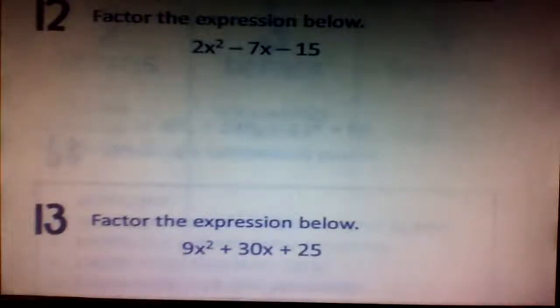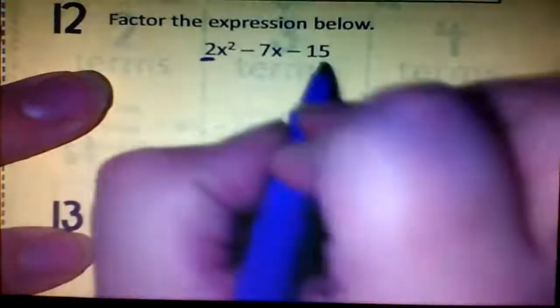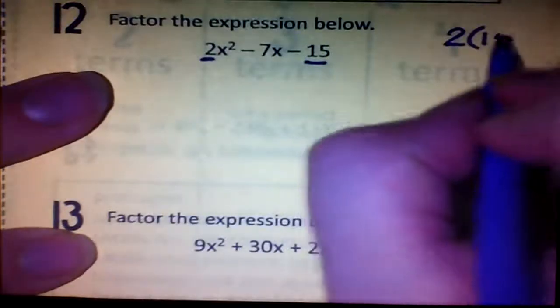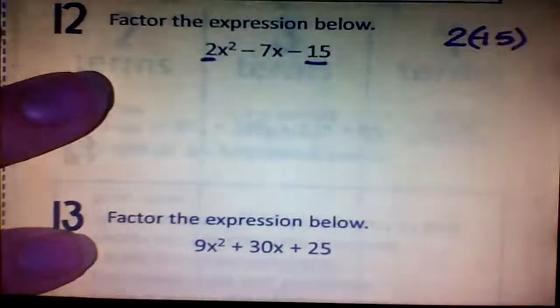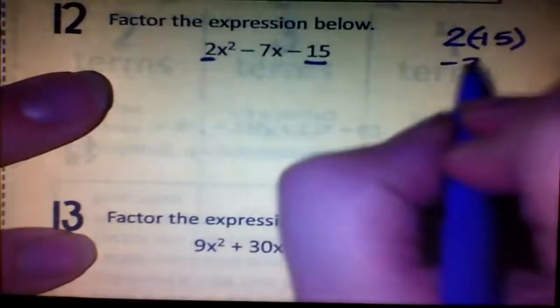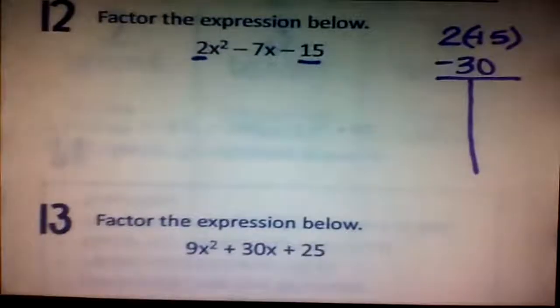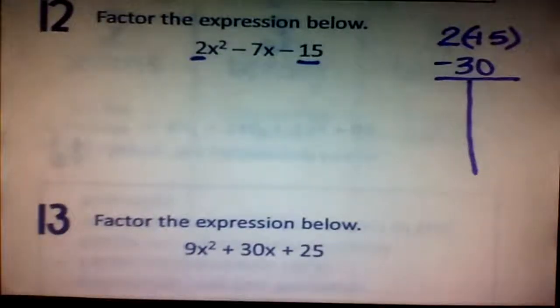So the way that we take care of the fact that a is not 1 is I need to multiply a times c. So what's 2 times negative 15? Negative 30. Okay. So now, just like you would with your c value, what are factors of negative 30?